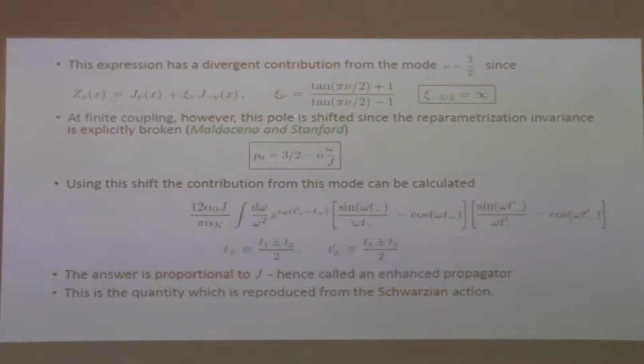You use this shift of the pole to recalculate what would happen to that part of the propagator which was formally infinite in the strong coupling limit, and you get an answer which is proportional to J rather than order 1. So this is why it's called the enhanced contribution. At low energies, this is the most important contribution to the total propagator. And this is the quantity which ties you to the fact that the effective collective coordinate action of this almost broken symmetry is in fact the Schwarzian action.